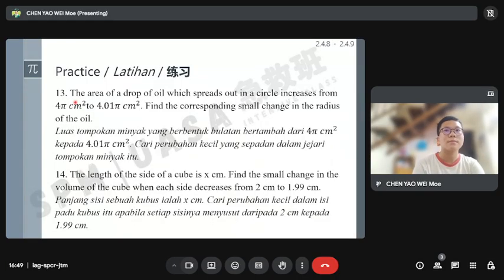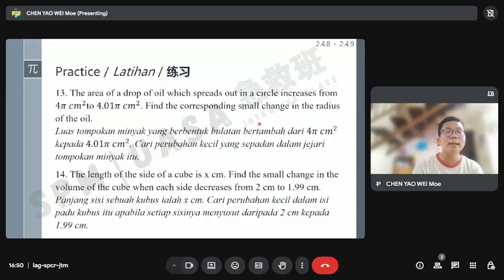So what do you do? Because you know that the oil is a circle, the area of the circle is A equals pi r squared. You do the differentiation and you get dA over dr is 2 pi r. Then the area is 4 pi, so you substitute inside A equals pi r squared.